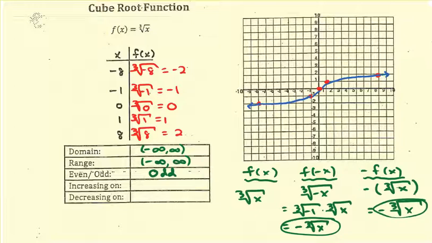The x values that make this happen would be all of them from the x-axis. So the increasing interval would be negative infinity to positive infinity, which means that this graph is not decreasing. So we'll say NA for that. No parts of this graph are going down from left to right. They're all going up from left to right. And that's how we derive the library function, the cube root function.